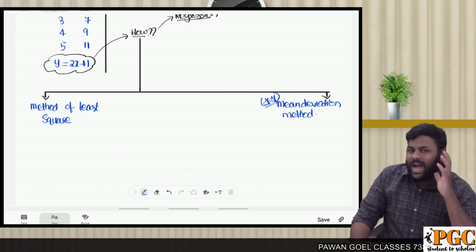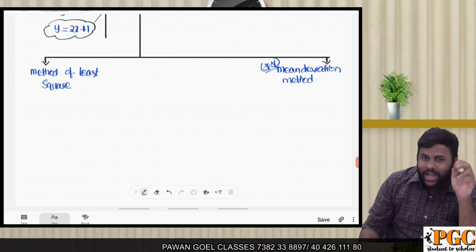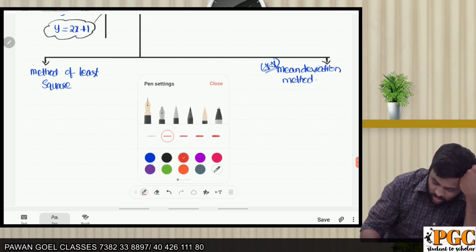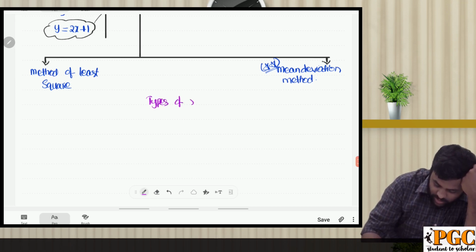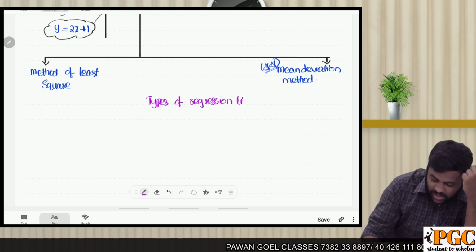Now before starting these two methods, my dear friends, I want you to know there are a total of two types of regression lines. That is, I want you to understand the types of regression lines. After knowing the types of regression lines, let us analyze these two concepts. Now, what are the two types of regression lines?